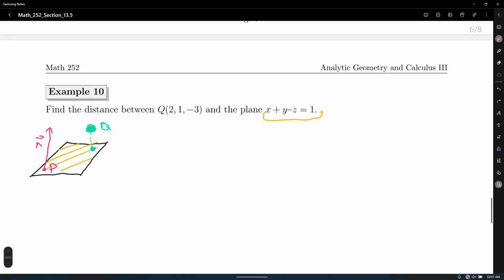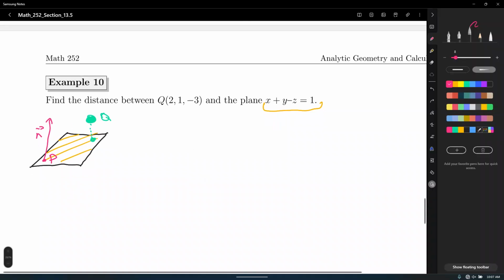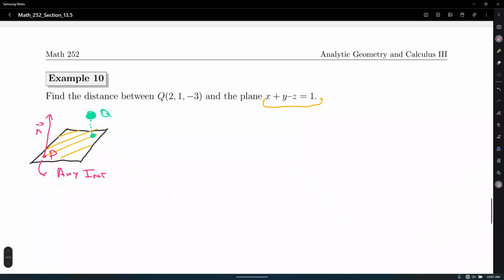So again, any intercept. You can use the x-intercept, the y-intercept, the z-intercept, it doesn't matter, because they're all easy variables.